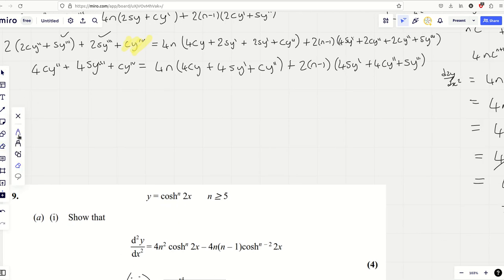Okay, so what have I got here? I'm going to at the end say cy. Well, let's actually write it as cos 2x. Or just d4y by dx to the 4.